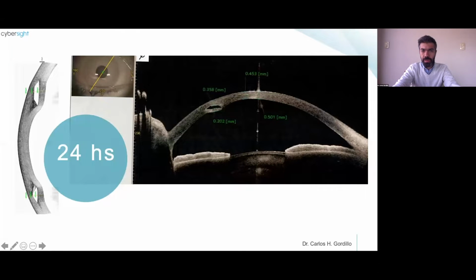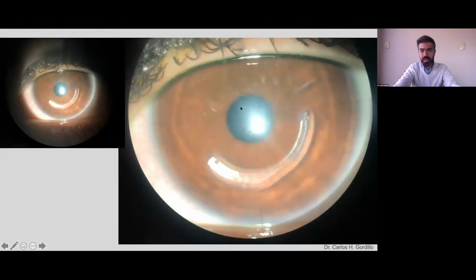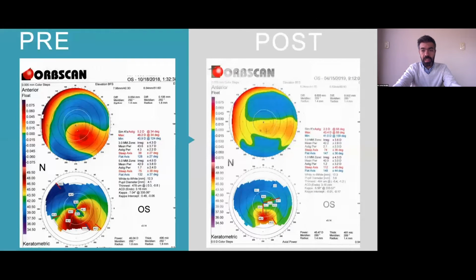We used one ring, asymmetrical base, so you can see the picture. In the postoperative period, you need to take care that the incision is closed and the depth of the ring is as I said before. And here you have the results, with a really clear reduction of the astigmatism and a regularization of the cornea.